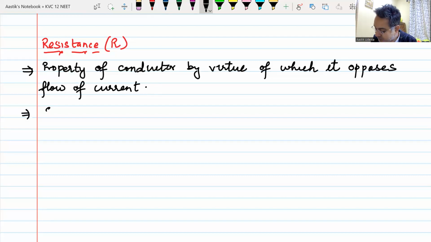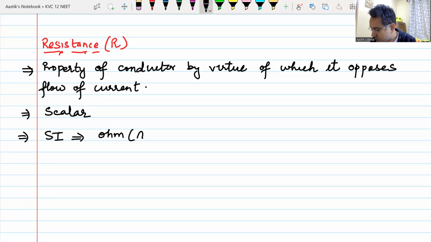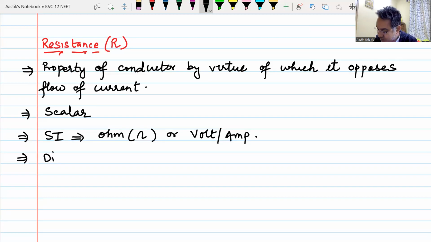What type of quantity is resistance? It's a scalar quantity. Do we understand this? The SI unit of resistance is ohm, or you can also write it as volt per ampere. Remember this SI unit and dimensions.